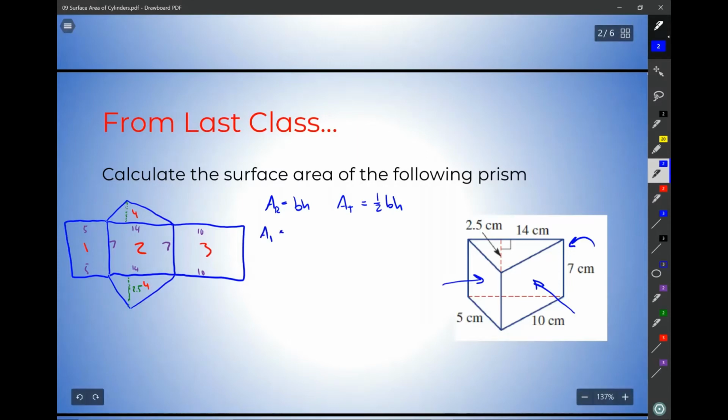Area 1, 5 times 7. Area 2, 14 times 7. Which is 98, I think. Let me just check that. Yes, 98.